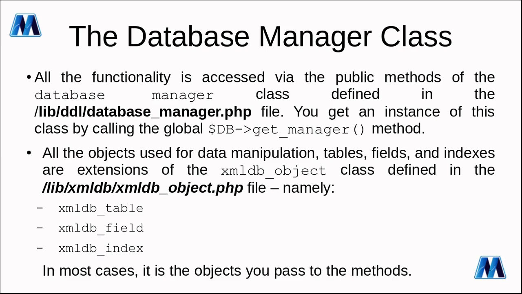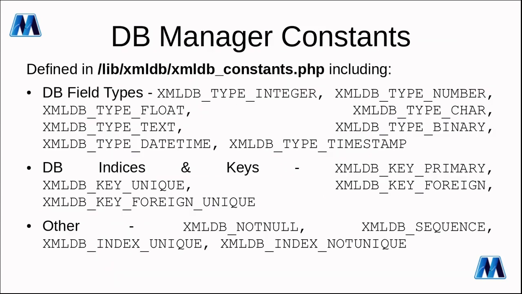All the objects used for data manipulation are extensions of xmldb_object, and again, I've given you the place where it's defined. You've got three kinds of objects: your table, your field, and your index. And in most cases, you are passing one of these objects to the methods in the database manager class.